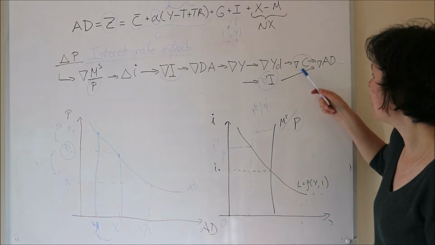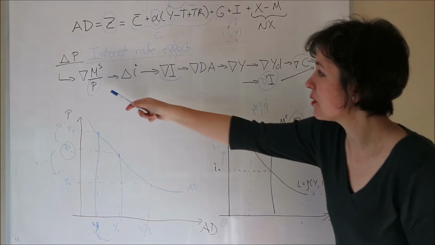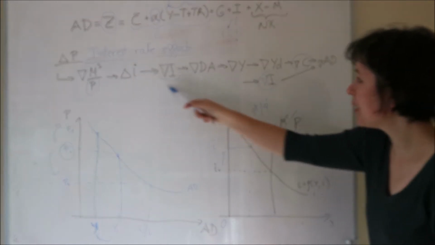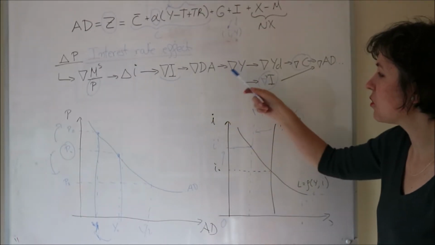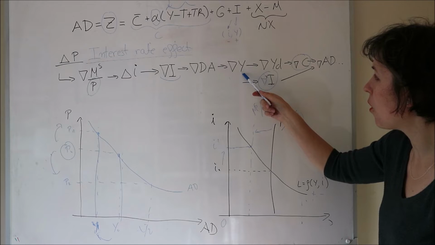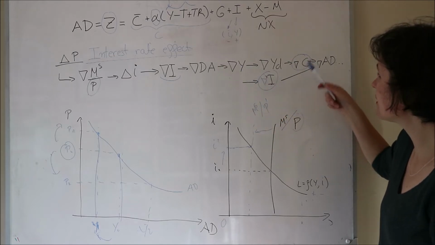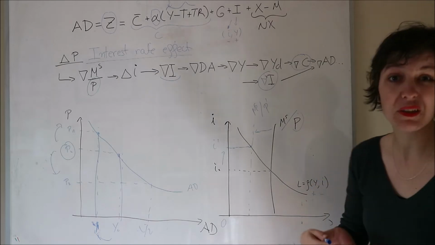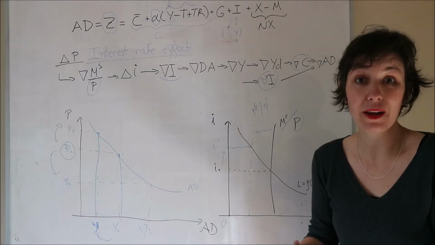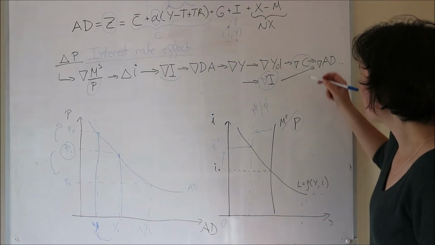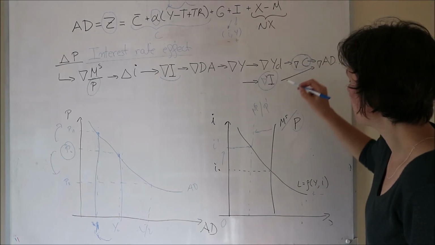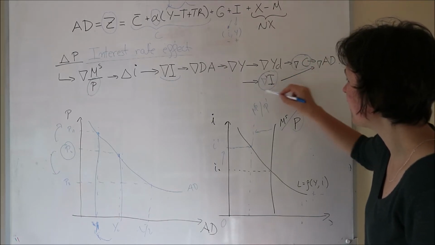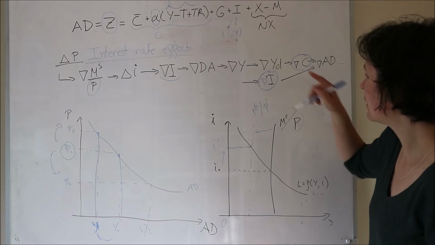So eventually, this increase in prices is going to mean lower investment, lower aggregate demand, lower output, and once again lower aggregate demand, lower output, and so on, because we are also going to observe the multiplier effect.